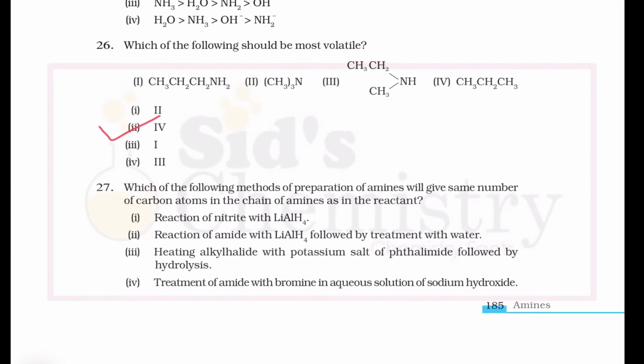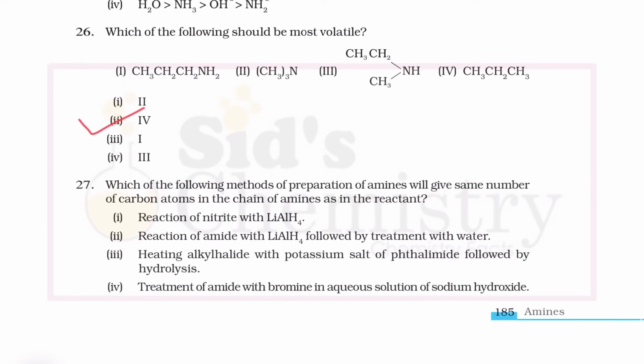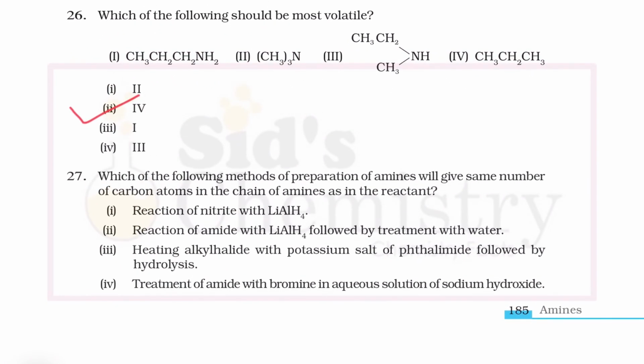Now coming to question number 27. Which of the following methods of preparation of amines will give the same number of carbon atoms in the chain of amine as in the reactant? Number 1, reaction of nitrile with lithium aluminum hydride. Number 2, reaction of amide with lithium aluminum hydride followed by treatment with water.